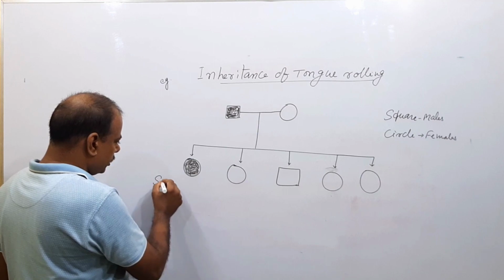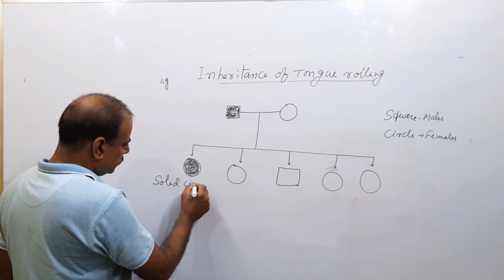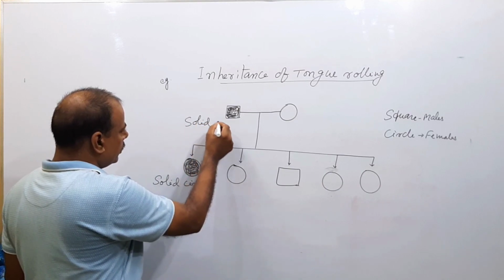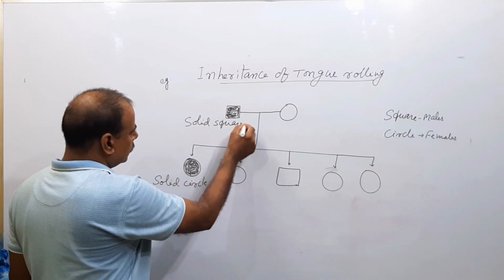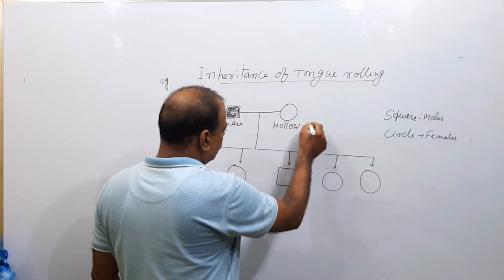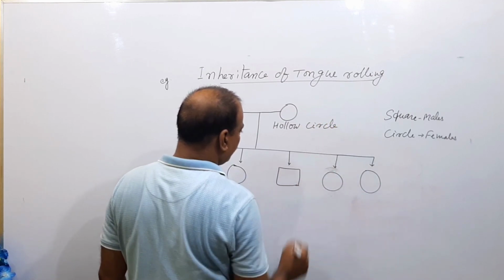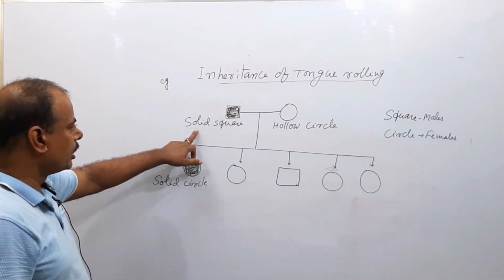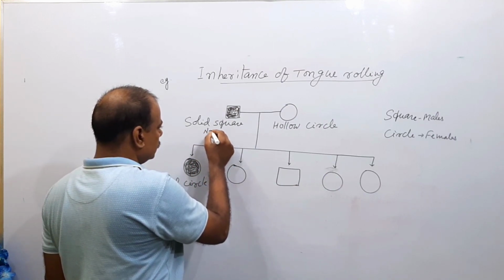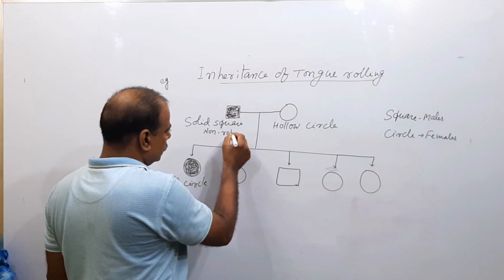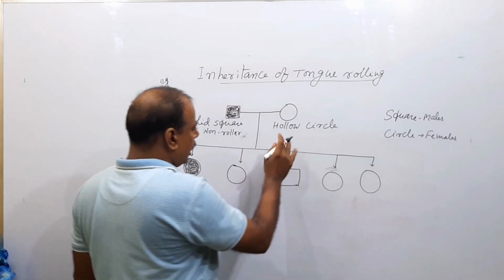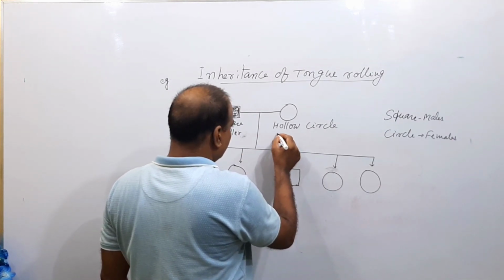So solid circle and here solid square, and here it is hollow circle. So solid structures show non-rolling, means it is non-roller, and hollow tongue roller.